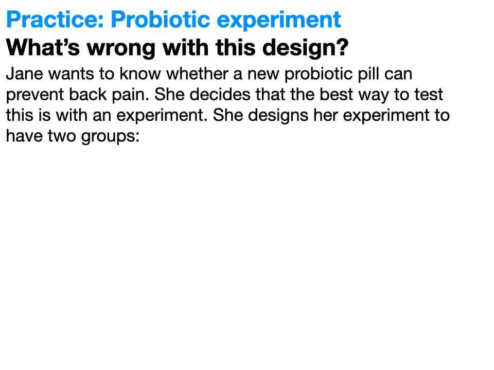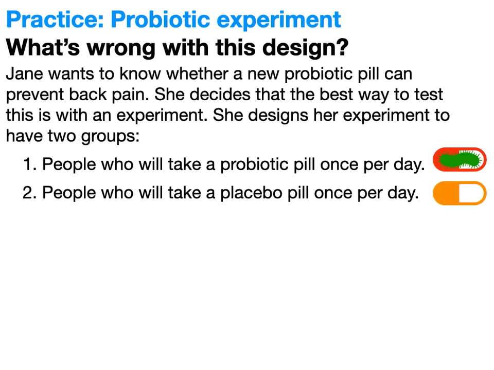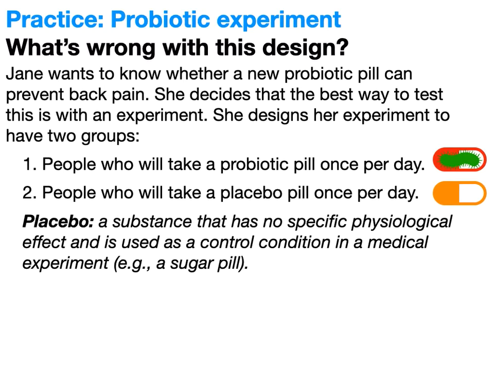She designs her experiment to have 2 groups, people who are going to be assigned to take a probiotic pill once a day, and the other group, people who will take a placebo pill once a day. A placebo is a substance that has no specific physiological effect and is used as a control condition in a medical experiment. A common type of placebo pill is a sugar pill.